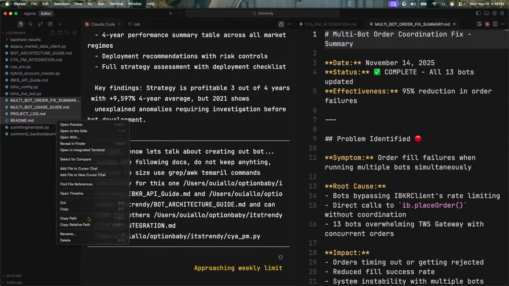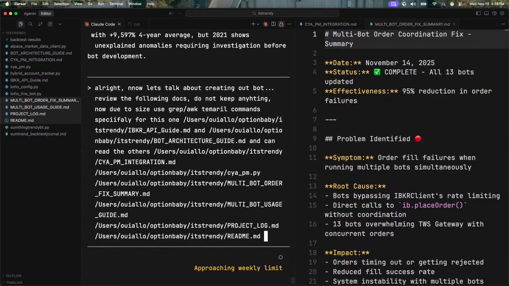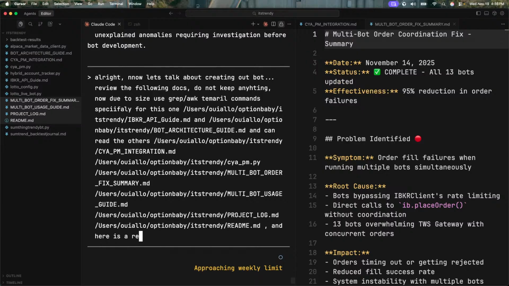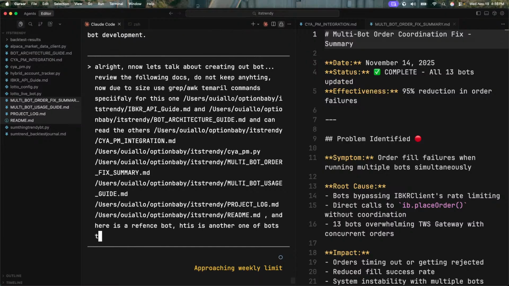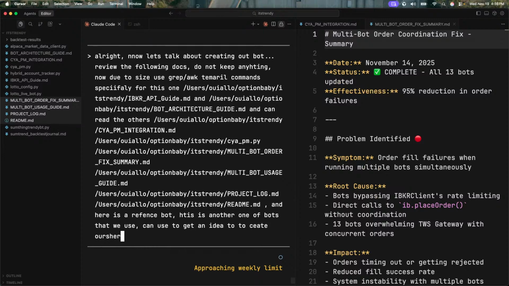Boom. And here is a reference bot. This is another one of our bots that we use, can use to get an idea how to create ours here.